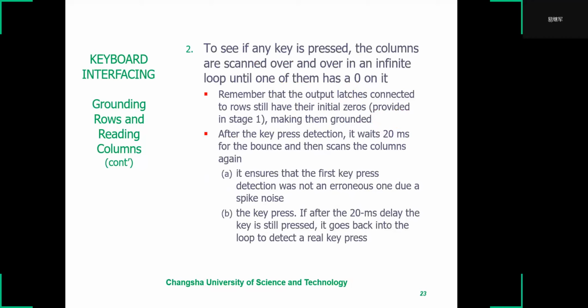To see if any key is pressed, the columns are scanned over and over in an infinite loop until one of them has a zero. Remember that the output ports are connected to the rows and still have the initial zero, making them grounded.